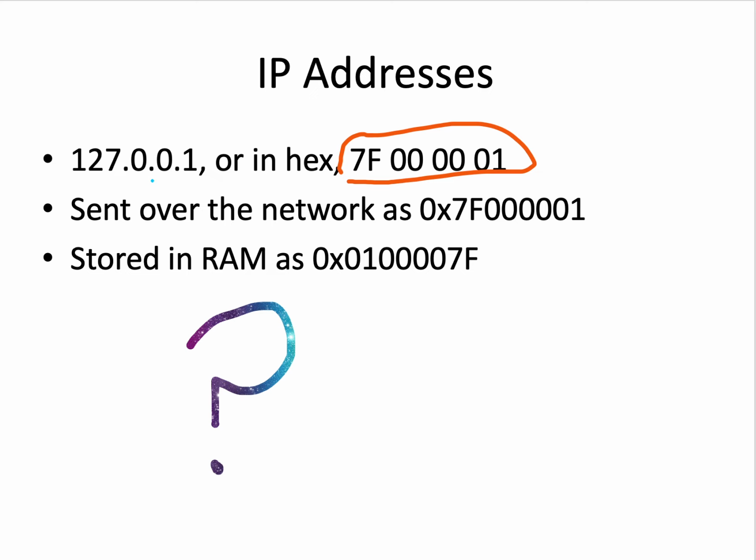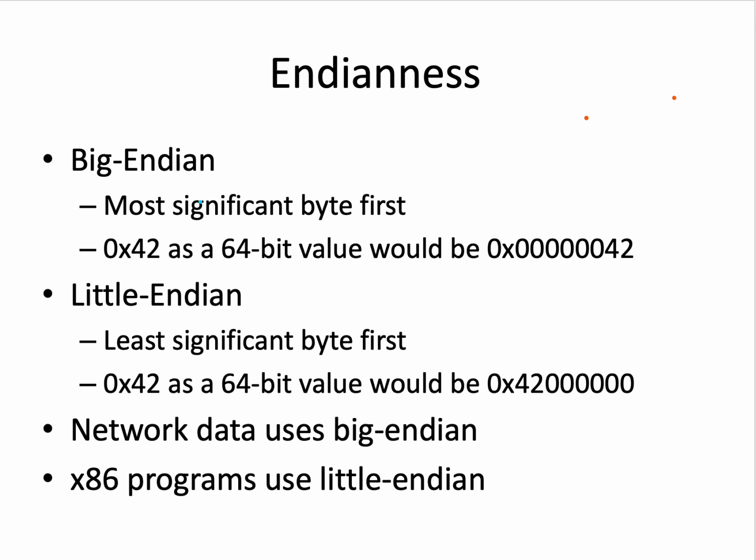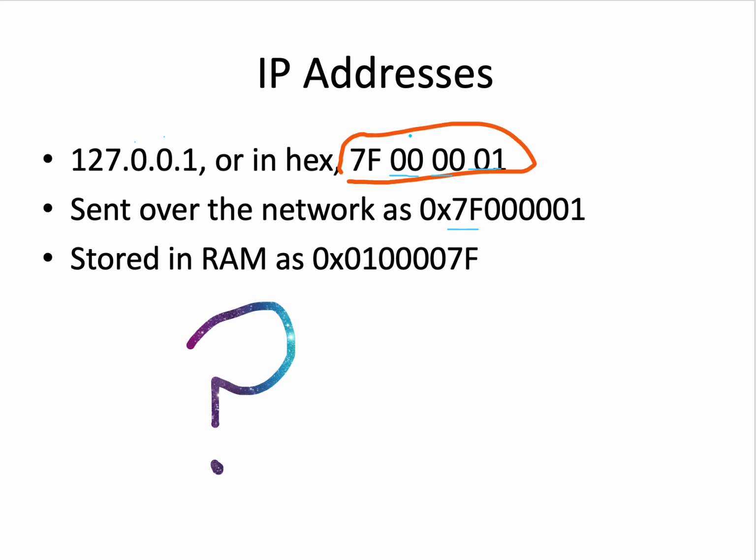The 001 is going to be translated, and you can match it up to this 0, 0, and then 1. So that's 001, and that is 001. I mean, that's kind of obvious. What about this 7F? Okay, so why is 7F presented here first? Well, it says it is what they call big endian, which is the most significant byte first. So that's 7F, but where do we get 7F?